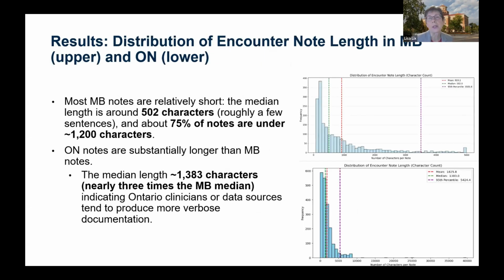Okay. And also what we have learned about the data is that the length of the notes is quite a bit different between the Manitoba and the Ontario sites, where they're much longer in Ontario, so they're more dense. They would have more kinds of personal identifying information in them, therefore, and you saw that reflected in the previous slide as well.